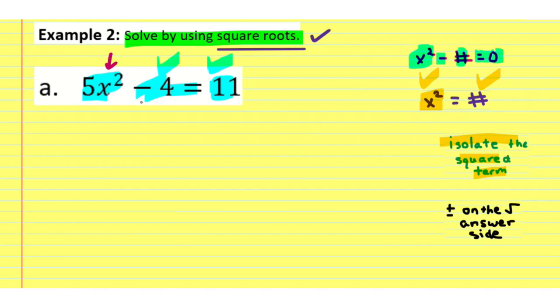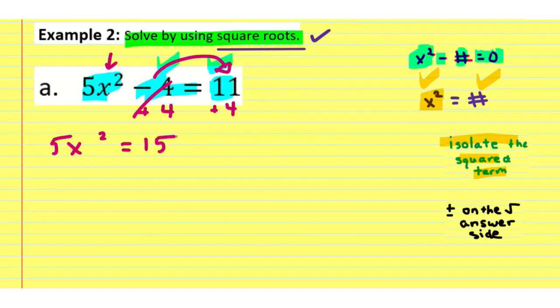So in this problem that they've given us, we need to move this -4 over to the other side. So we're going to go ahead and add 4 to both sides. And these 4's will cancel out. I end up with 5x squared is equal to 15.